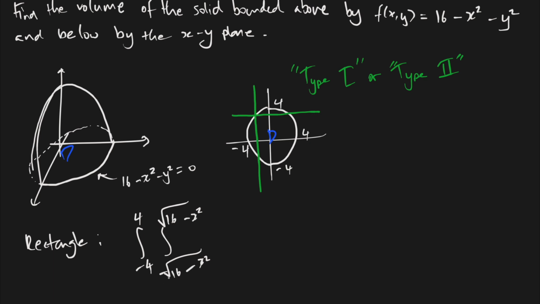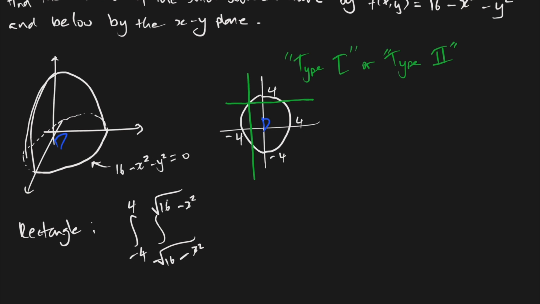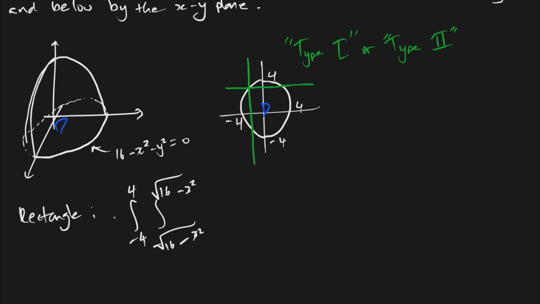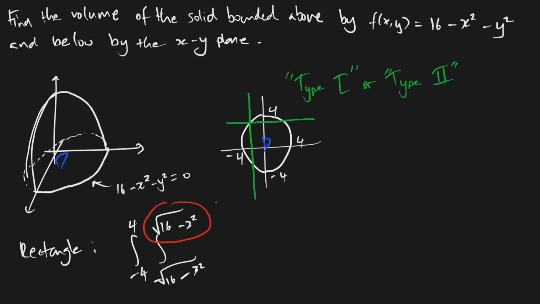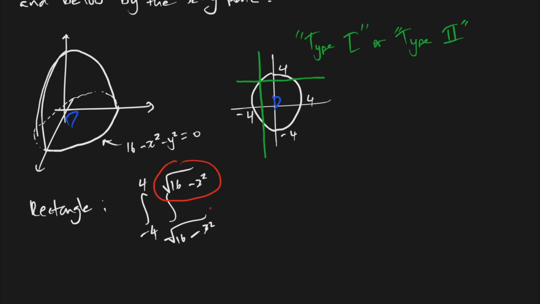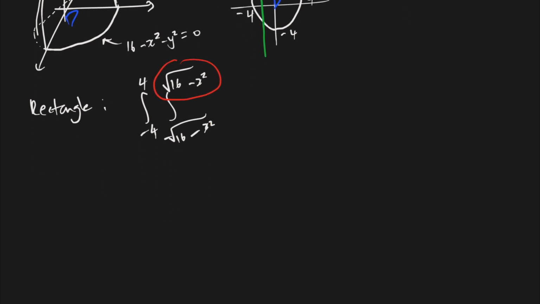However, I don't think that this form is ideal because we have this root here, which makes evaluating it pretty difficult. So this is actually pretty well suited for using polar coordinates. Let's use polar instead.